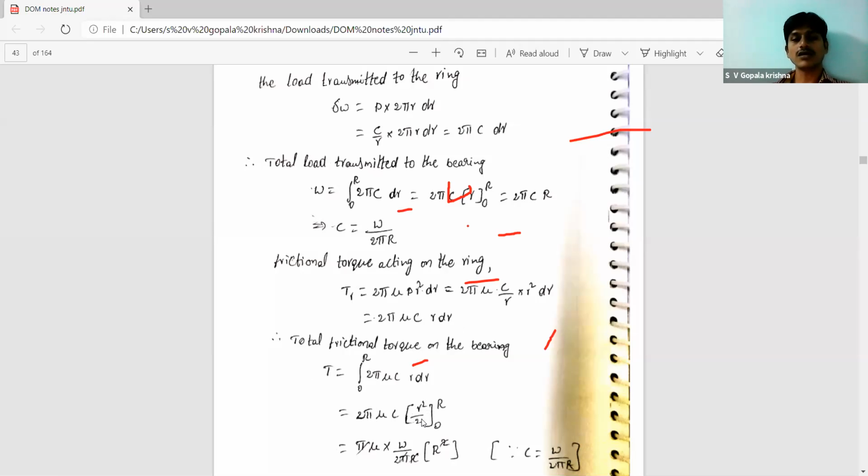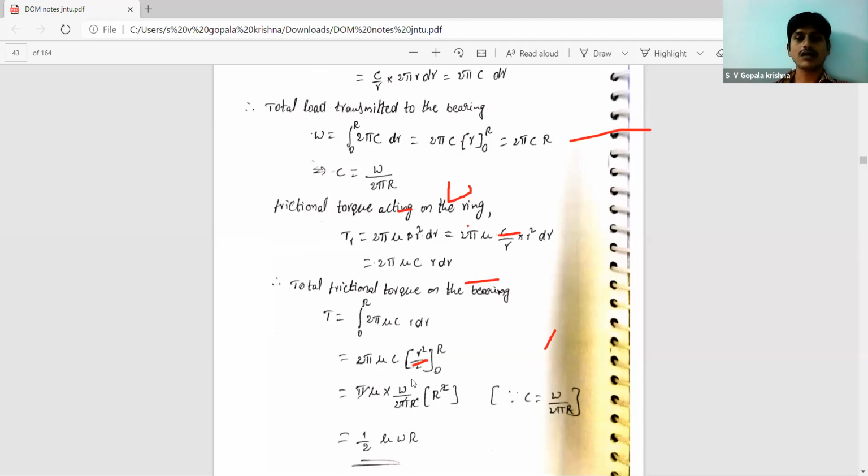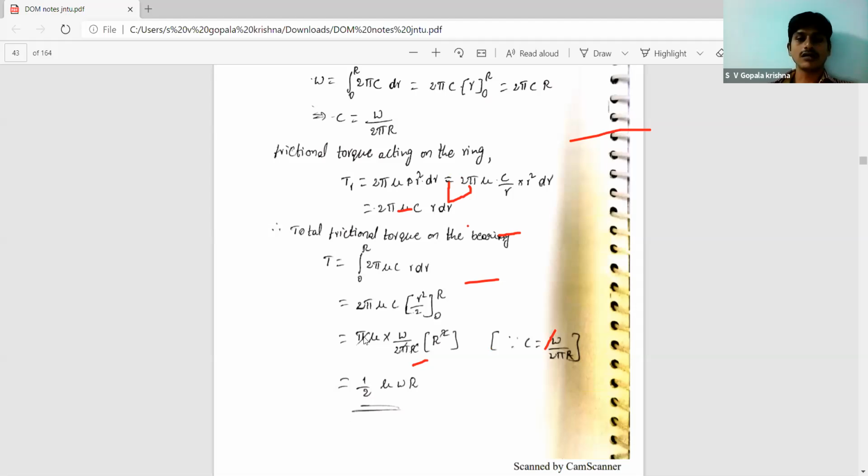Substituting the limits, the 2 cancels, and pi into mu into C, substituting the C value W by 2 pi R, then capital R square.